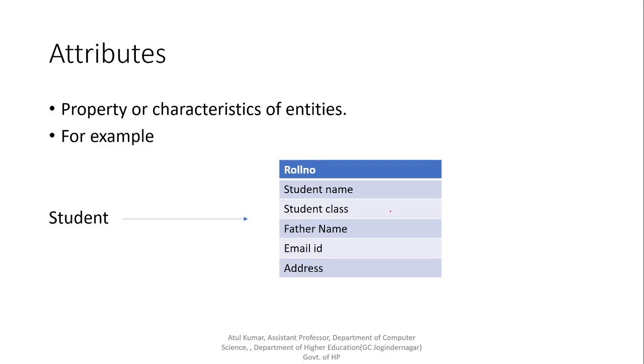Next, what is an attribute? An attribute is a property or characteristic of an entity. For example, suppose we have an entity named student. The student in a class may have the properties roll number, student name, student class, father name, email ID, address.